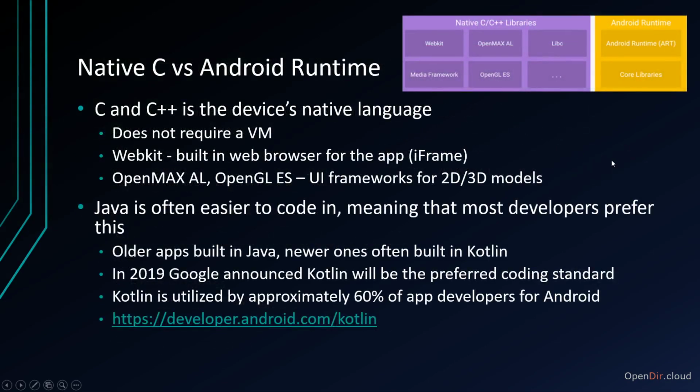Okay, now we're going to talk about the native C versus the Android runtime. So when it comes to our Android device, C and C++ is the device's native language, and anything that goes through C and C++ does not require going through a virtual machine. Things like the WebKit, which is a built-in web browser for applications. Sometimes when you pull up a website in an application, it'll pop up this iframe looking thing.